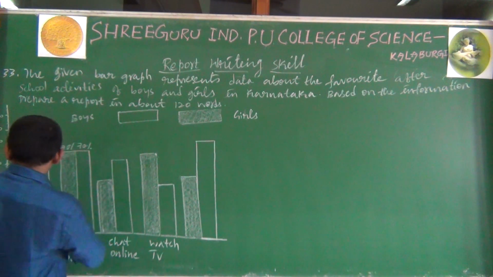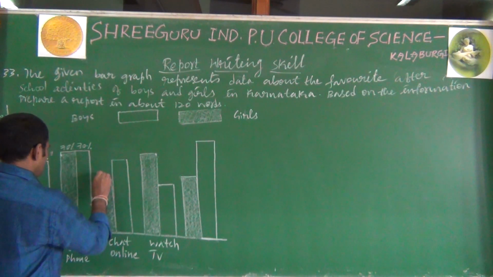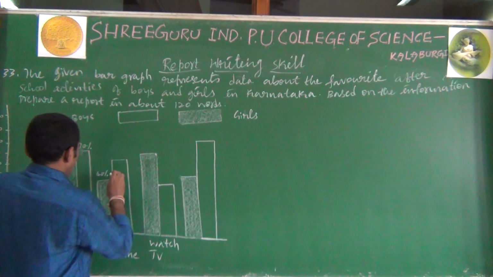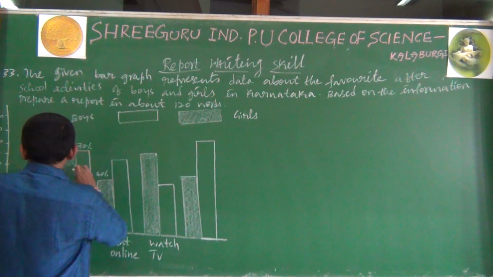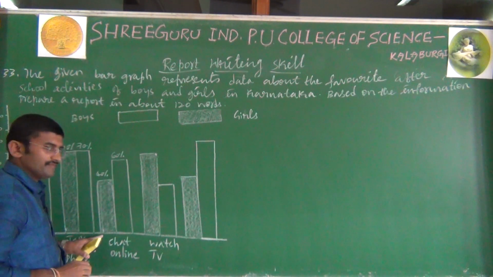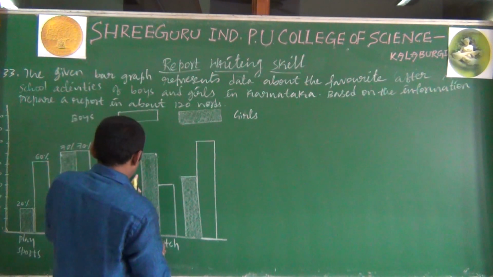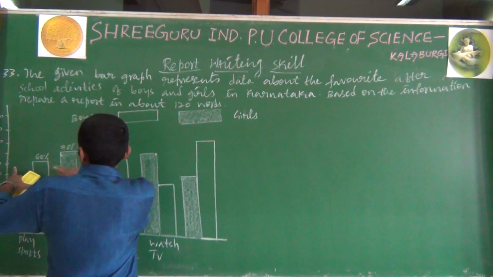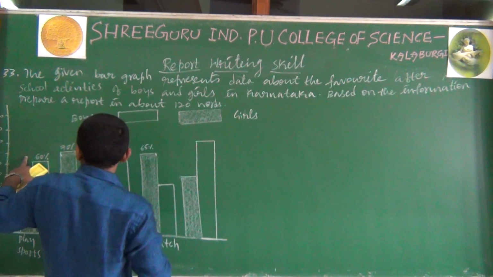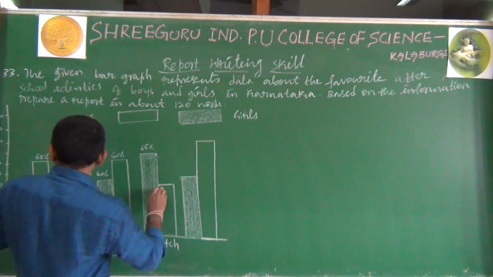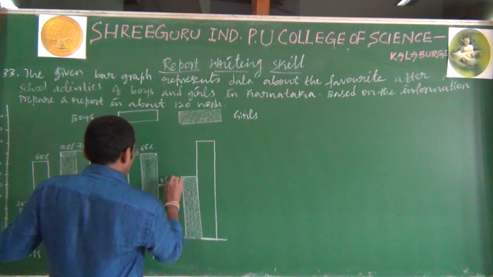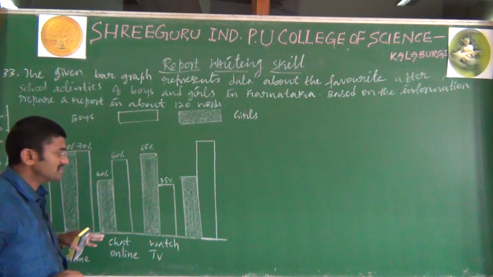Chatting online is with 40% with girls, and 60% with boys, and watching TV is with 65% with girls, and boys with 35% on watching TV.